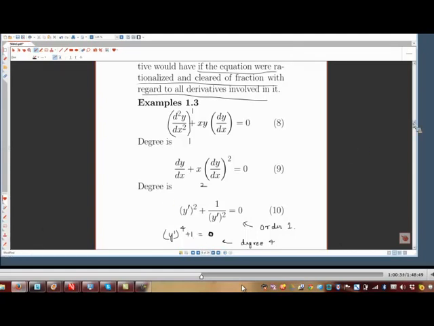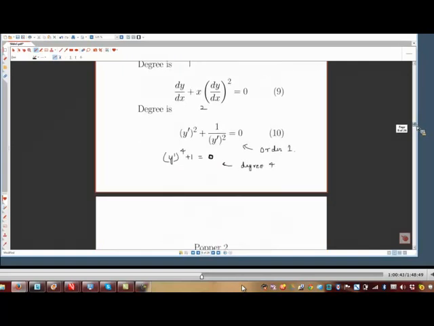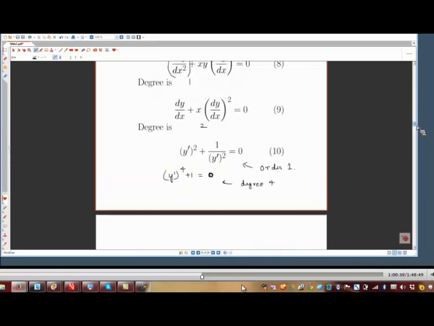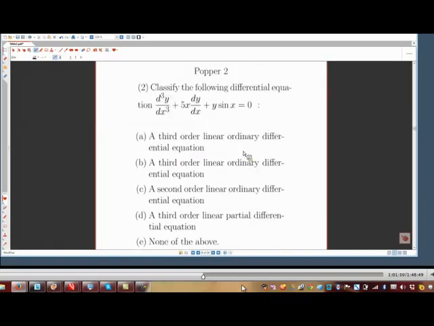Okay, so now let's do the next one. Popper time. Ready for Popper 2? Okay, so let me get the password for you. This is the question which you will have as Popper 2.